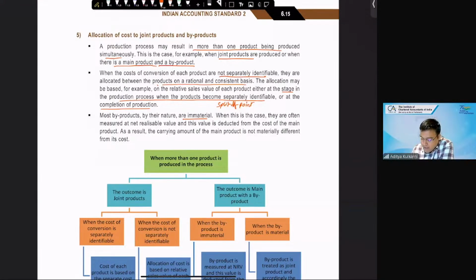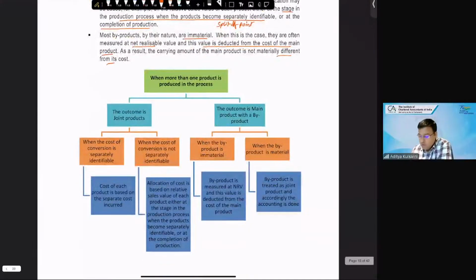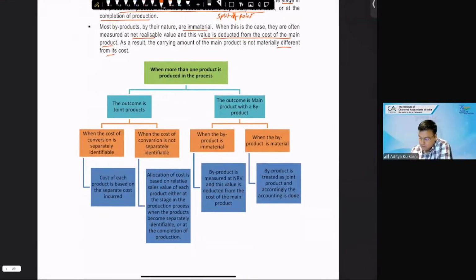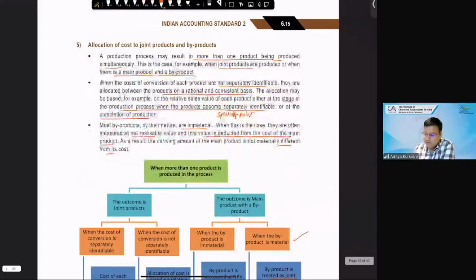They are often measured at NRV, and this is deducted from the cost of the main product. As a result, carrying amount of main product is not materially different from its cost. But if it is material, I told you what needs to be done. When byproduct is material, you treat it as a joint product. That also is explained to you. So we have covered all these points.